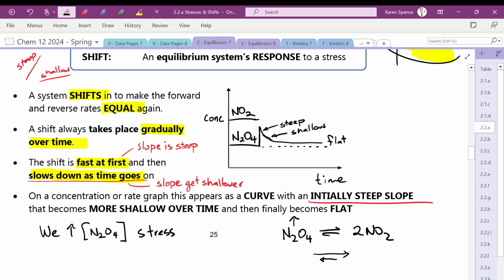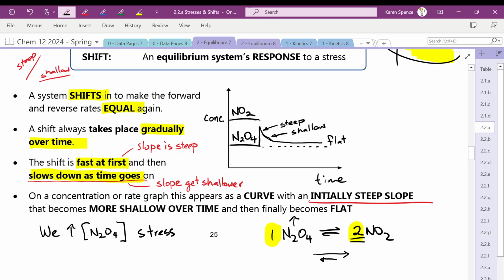It should always be steep, shallow, flat when you have a curve. Now, what is going to be happening to our concentration of NO2 as time goes on? Remember, the forward rate is happening faster than the reverse rate. So it's going to increase. And by what ratio will it increase? We remember for every one N2O4 that breaks down, we make 2 NO2. So I'm going to end up making twice as much.